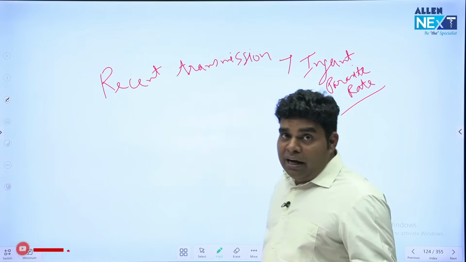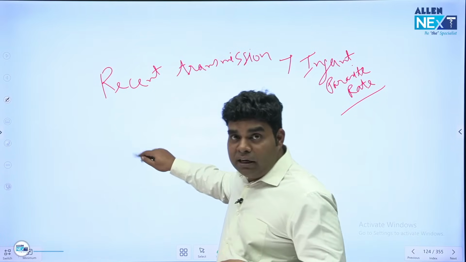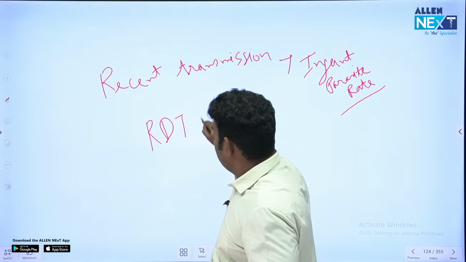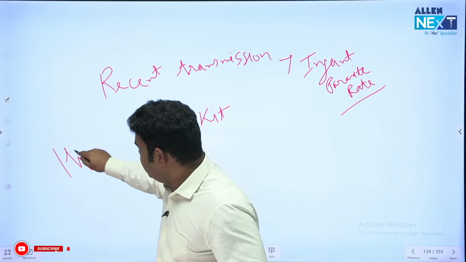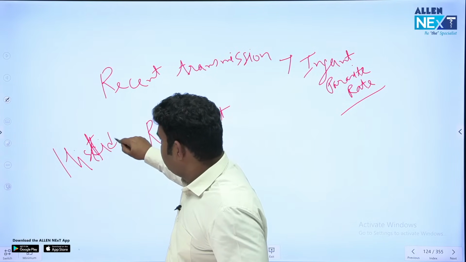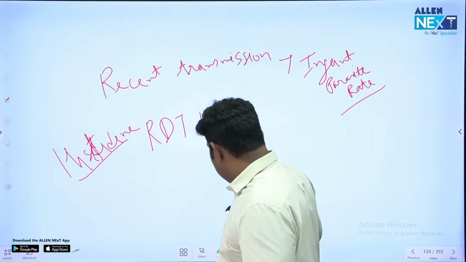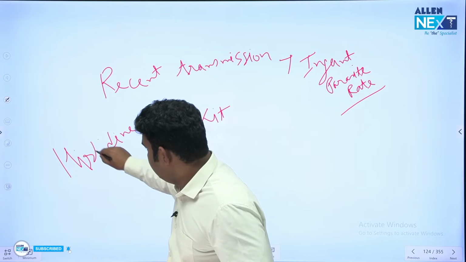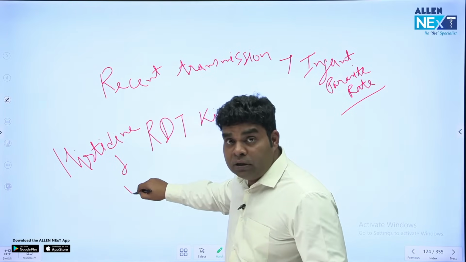And which type of RDT kit do we have in malaria? There are 2 types of rapid diagnostic test kit. This is the question in NEET exam, that histidine rich kit. Will the histidine rich protein kit detect Plasmodium falciparum or vivax or both? So histidine rich protein kit detects both.